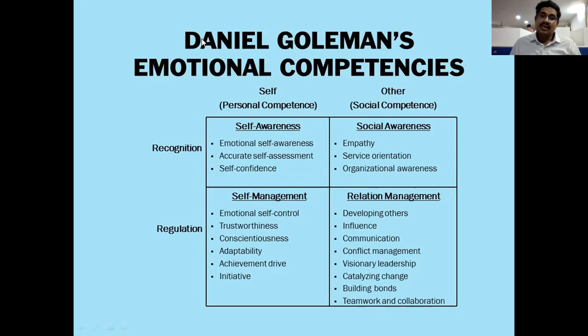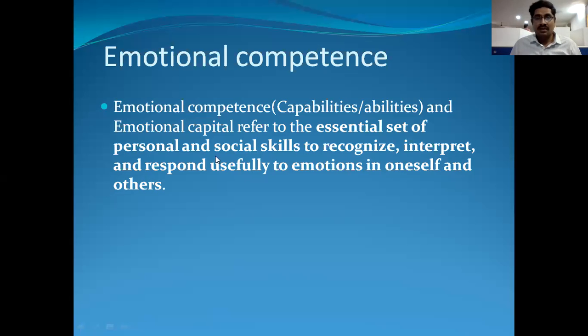So in the previous session, slide, emotional competencies. Competencies means abilities and capabilities to control our emotions. So in this part, we need to observe personal skills and social skills. Recognize, interpret, and respond usefully towards our personal skills and social skills.